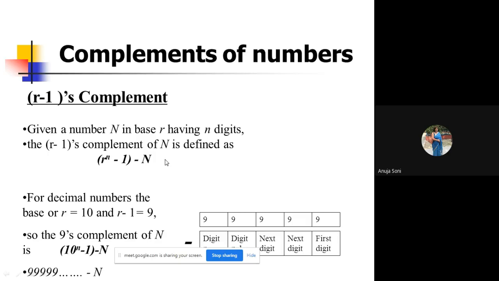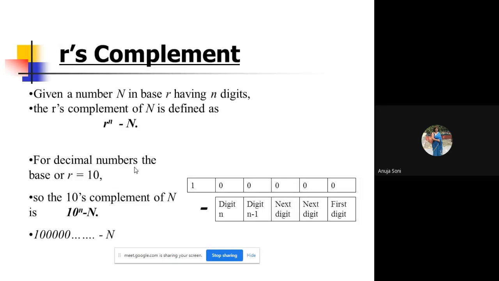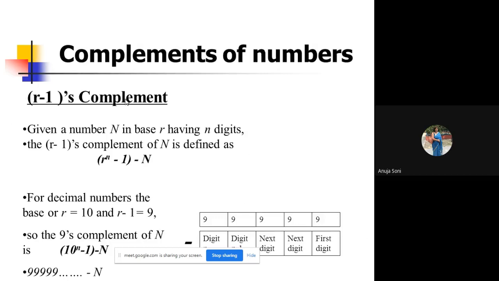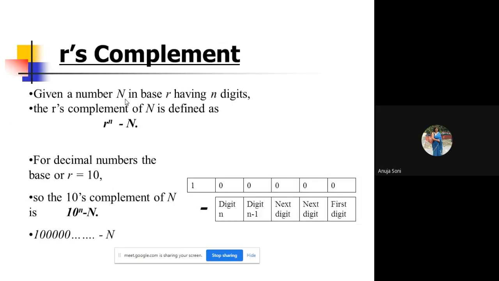In the case of the decimal numbering system, r's complement means the 10's complement. If you add 1 to this formula, ultimately you get r raised to n minus N. This is the formula to find the r's complement, the 10's complement, and the previous was the formula for the r minus 1's complement, the 9's complement.